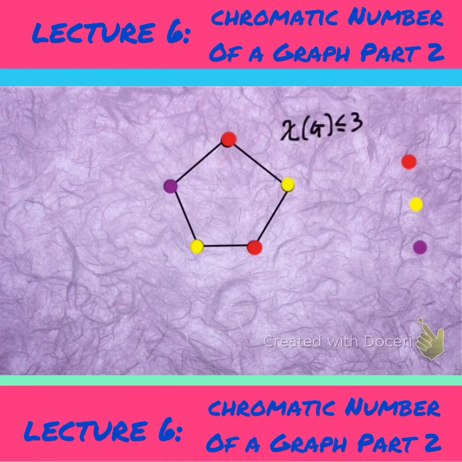Now you just have to show that it's at least 3. Can we color it with one color? Obviously not. You're going to get 2 adjacent vertices with the same color.